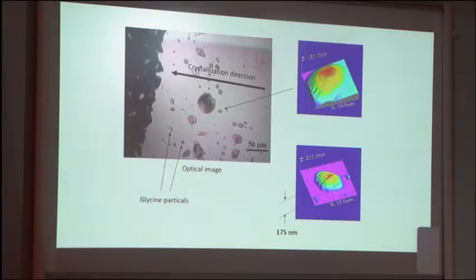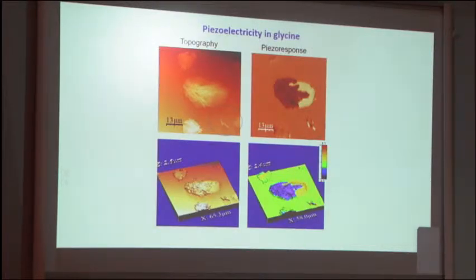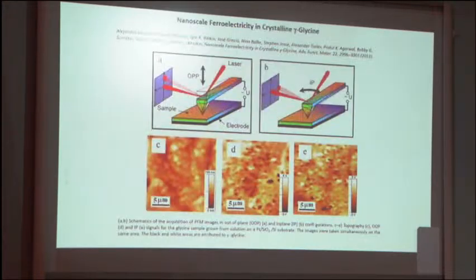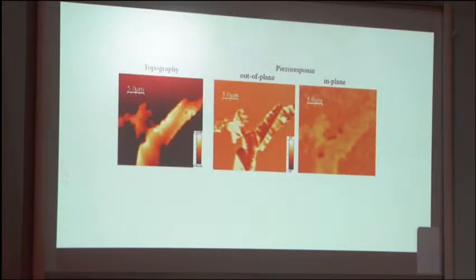This is morphology, and here you see very clearly negative and positive contrast corresponding to different orientations of polarization in amino acids. This is the glycine amino acid. In our crystallization conditions, we can see a distribution of particles and different contrast on different grains. It corresponds to different orientations of polarization.